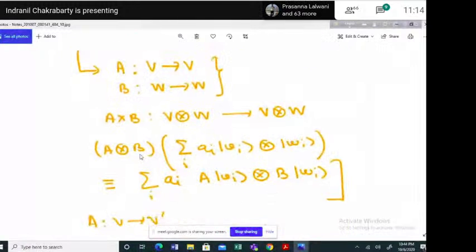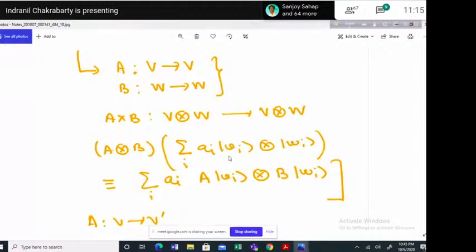And how is the action of A cross B defined on any arbitrary vector in V cross W? Summation ai vi cross wi is nothing but an arbitrary vector in V cross W, where vi is a vector in V and wi is a vector in W. Now, if you take a linear combination of these vi cross wi and act upon it with the tensor product A cross B, how will A cross B act?